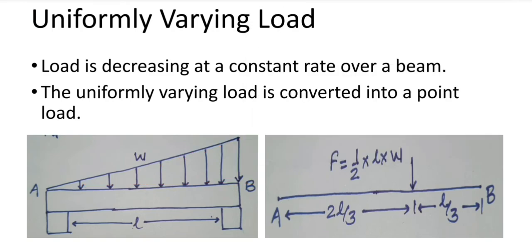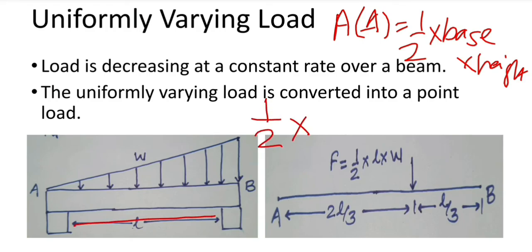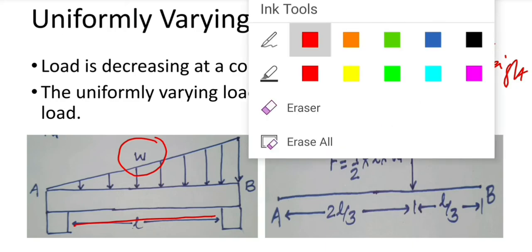So we know that the area of a triangle is equal to half into base into height. So we will write half. The base is the length, the total length or the span, and here we will assume that the intensity of load is W and it is the height also. So half into L into W will be the point force that is applied.